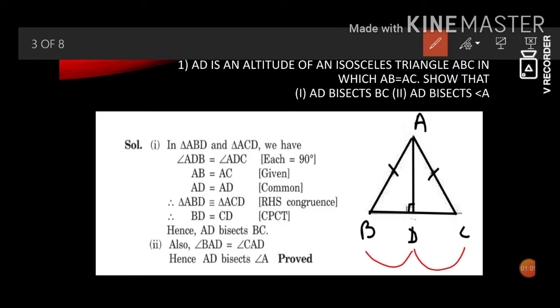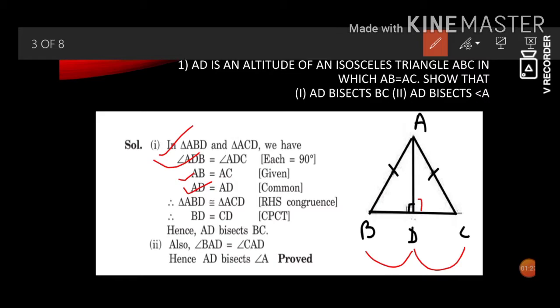First we will consider triangle ABD and triangle ACD. In these two triangles, both the angles at D are 90 degrees each. The second point is AB and AC are equal, which is given in the question. The third point to prove congruency is AD is equal to AD, that is, AD is common.